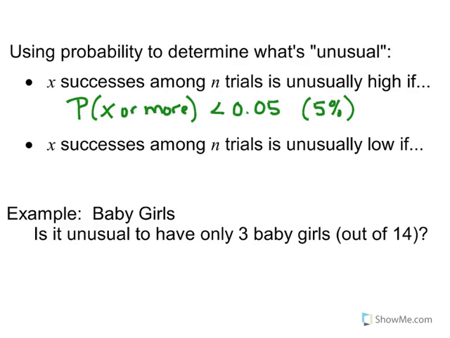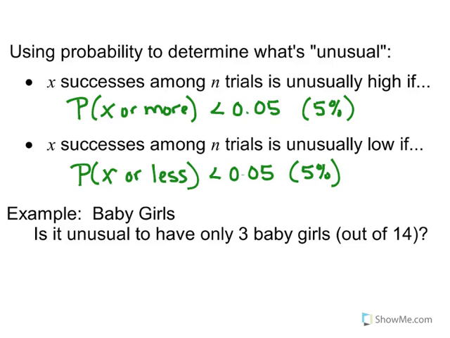We'll put this in context in a second. X successes among N trials is unusually low if P of X or less is less than 0.05 or 5%. So you can kind of think of it as a 5% rule.